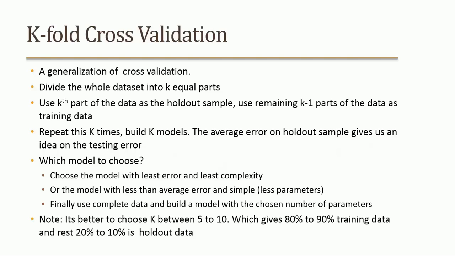So we can at least get an idea of the overall error and the complexity of the model, and then we can take the overall training data set, use the same complexity, rebuild the model and say that is our final model. So at least we will not be saying that 95% is the accuracy of our model.